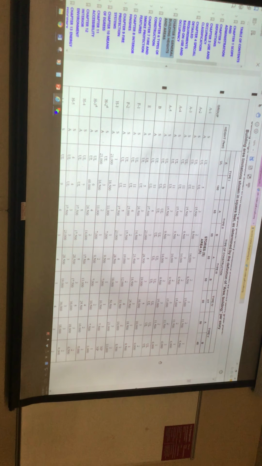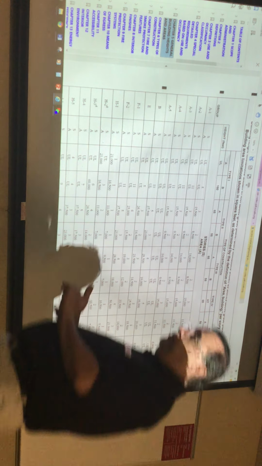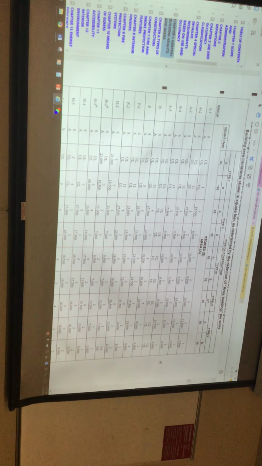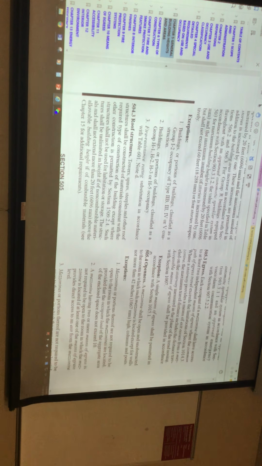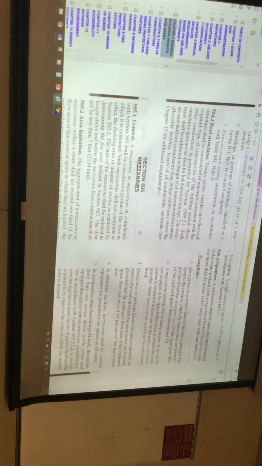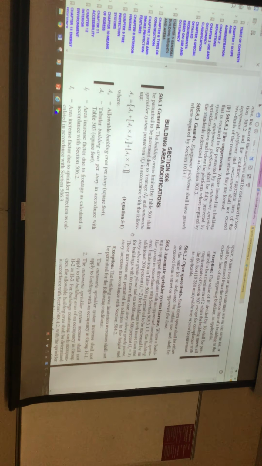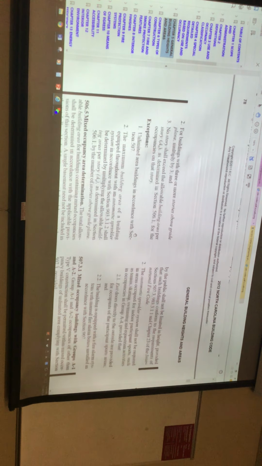Now, all of that's before any sprinklers are involved. If we add sprinklers, we can increase all that, but we didn't go over it, so don't worry about that part. We just wanted to make sure you could use the table, basic information. And I don't think any of you had any problems with that, but I still have the paper to make some mistakes.